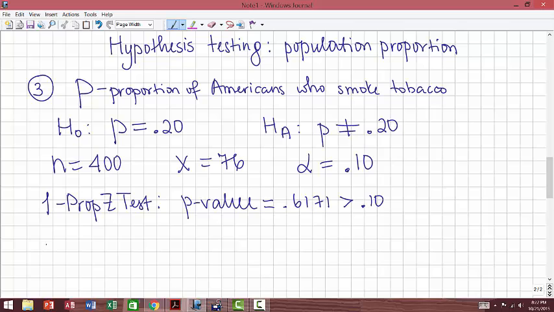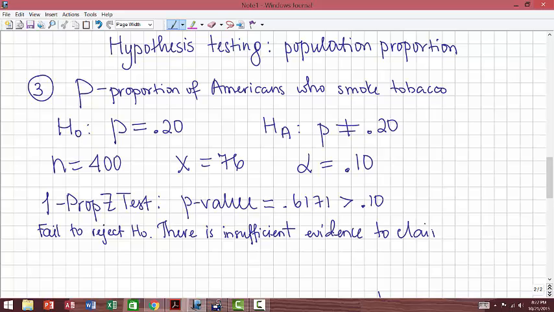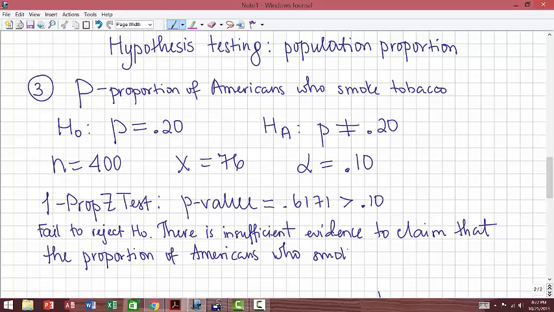So what is the conclusion here? We fail to reject the null hypothesis. There is insufficient evidence to conclude that the proportion of Americans who smoke has changed.